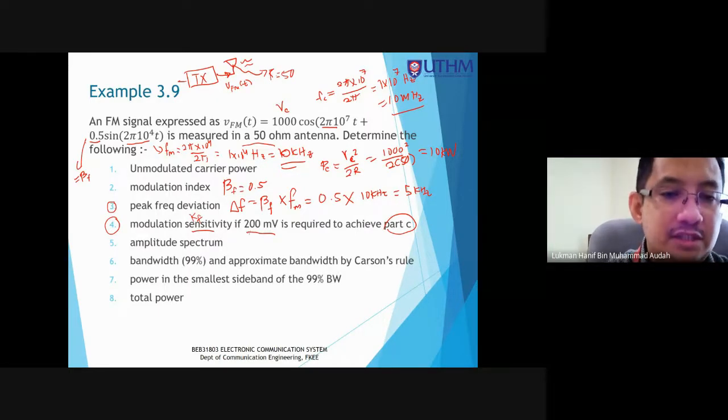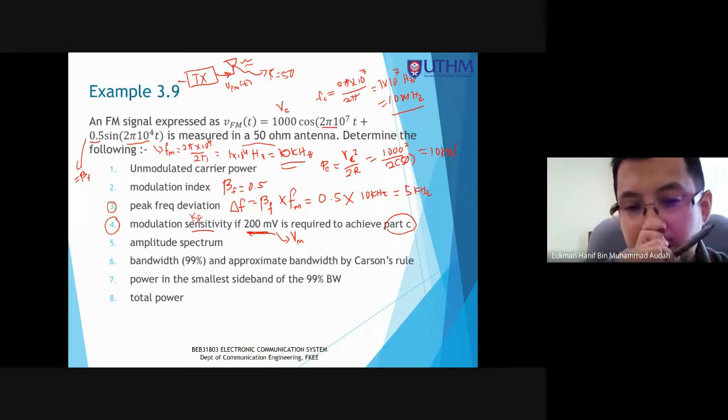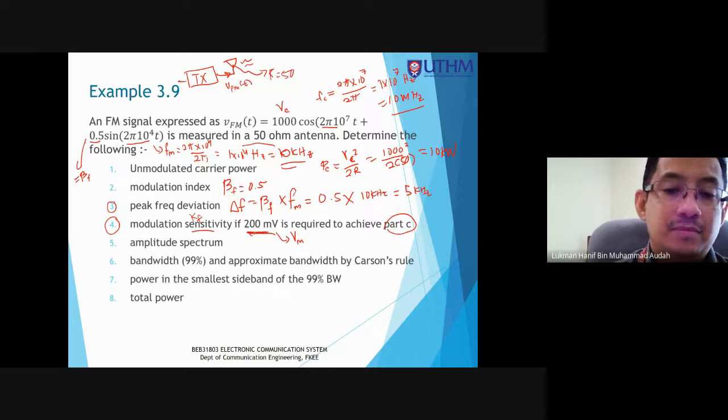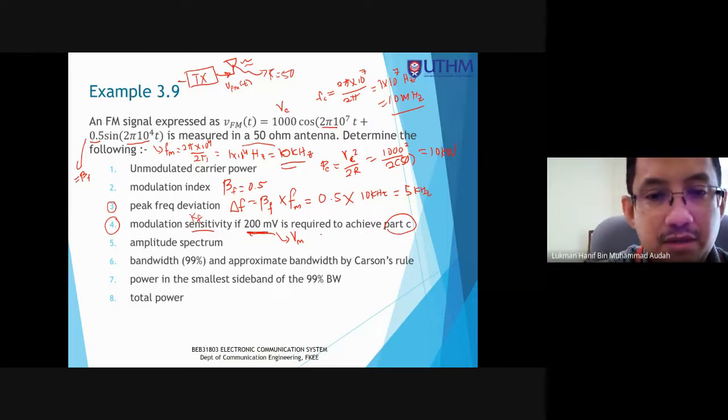So what is this actually? This is referring to the modulating signal voltage, Vm. If you remember, delta f is equal to Kf Vm.